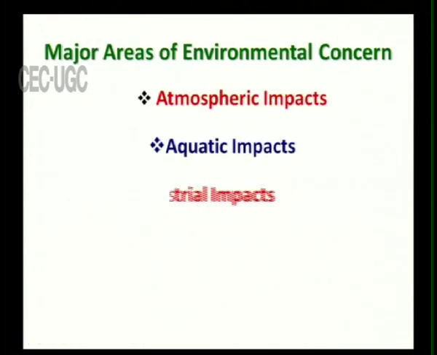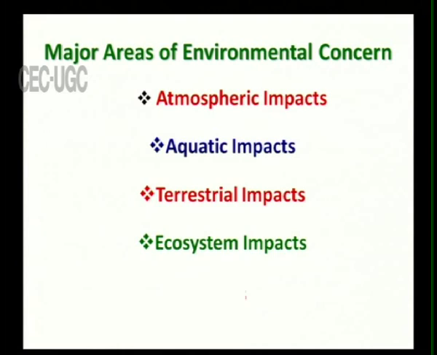And the major environmental concern: the petroleum industry is impacting the environment in all these ways: the atmospheric impact, the aquatic, terrestrial, ecosystem and the potential emergencies. So, they are impacting all the domains: atmosphere, water, land, the ecosystem and some other potential emergencies also.